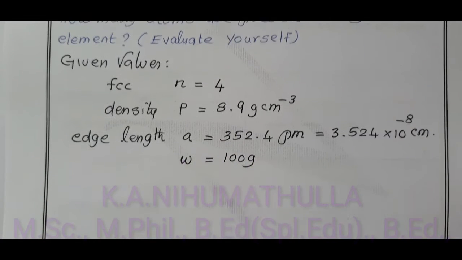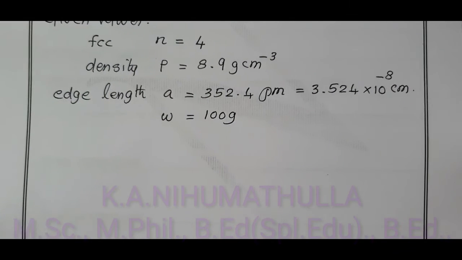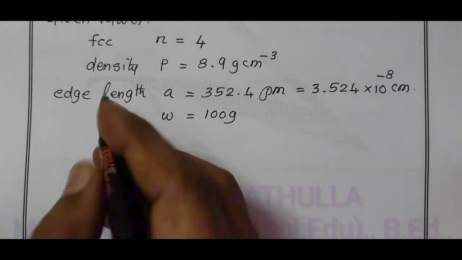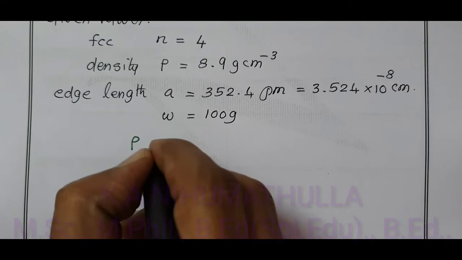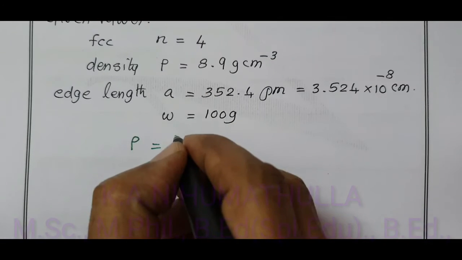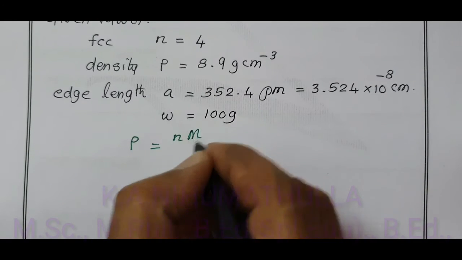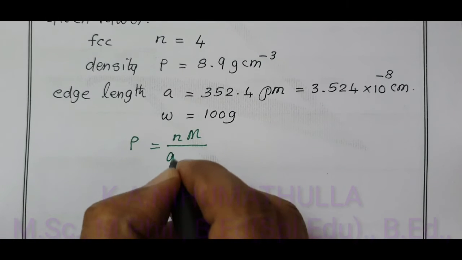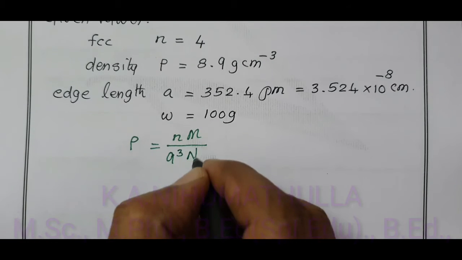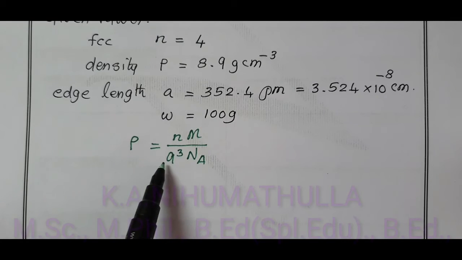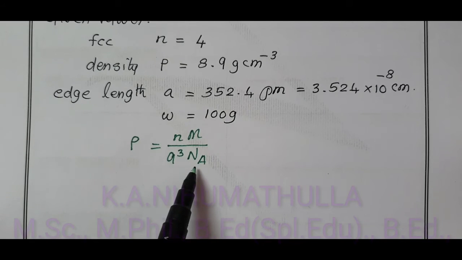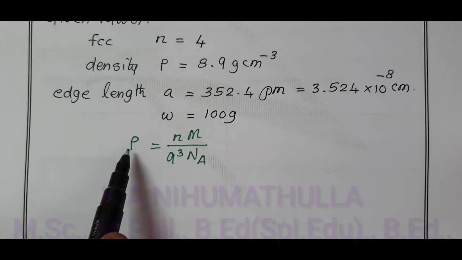We know the formula used to calculate the density value, not the edge length. Rho, density, equal to small n into capital M divided by a cube into Avogadro number. n, rho, a and Avogadro number, these four values are known.